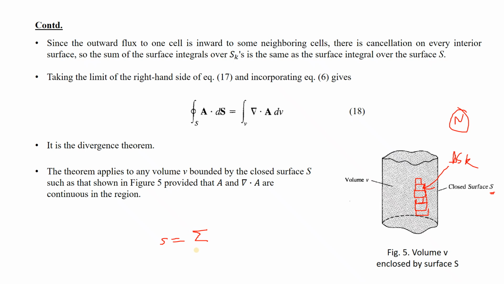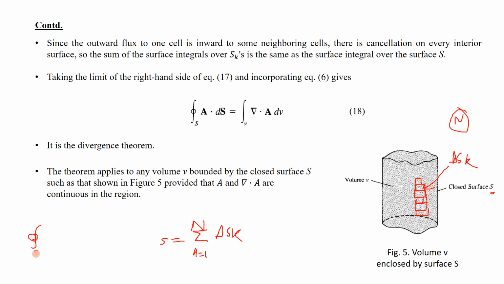So we will do a summation, k equals 1 up to n of delta Sk. That means अगर n नंबर ऑफ सेल्स है तो हर एक सेल का एरिया है डेल्टा S, तो डेल्टा S1 प्लस डेल्टा S2 डॉट डॉट डेल्टा Sn तक ऐड करेंगे तो टोटल S हमको मिलेगा.